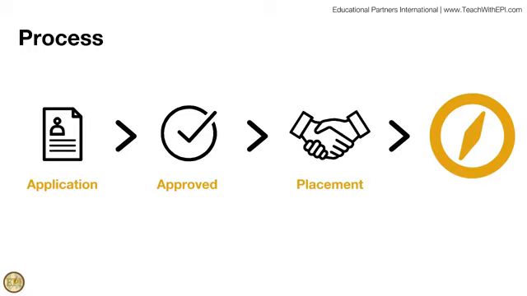The application process includes filling out a thorough online form, uploading official documents, and 2 interviews with EPI team members. After you've completed the application process, you are moved to the approved stage where you interview with principals at one of our partnered schools. Once you complete a successful school interview, you are placed in the school and become an official EPI teacher.